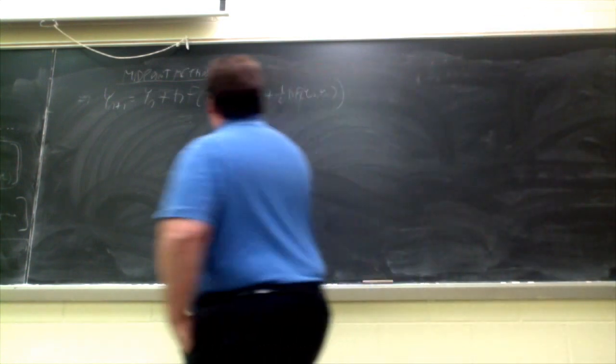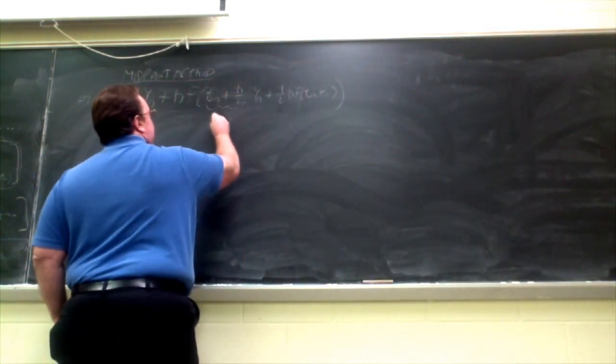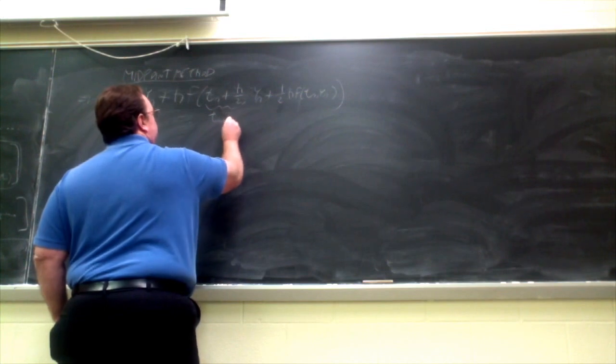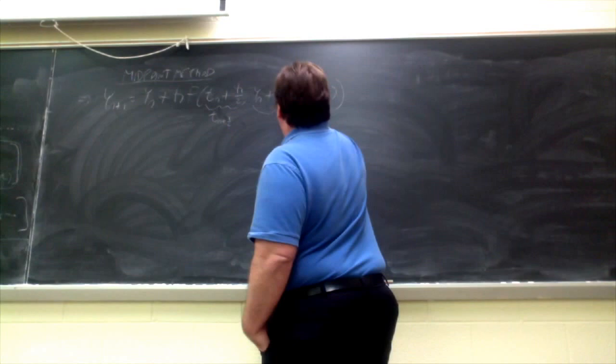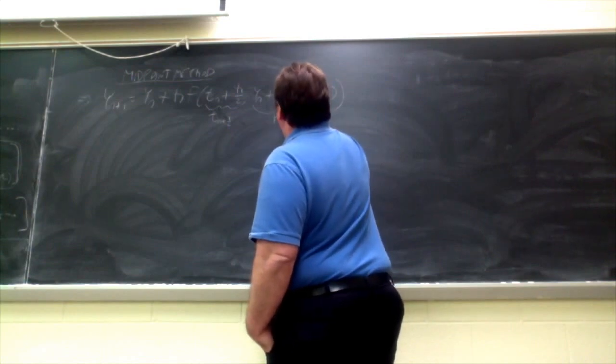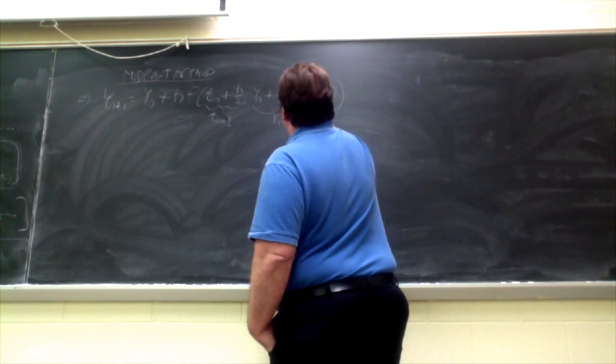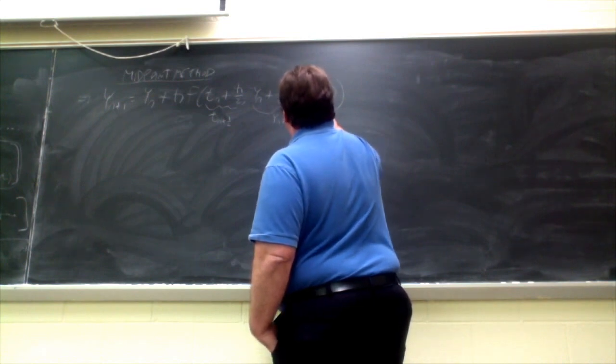Because what we have here, you can think of this as t_{n+1/2}, because we're taking half a step. And you can think of this as y_{n+1/2}, which is an approximation to y of t_{n+1/2}.